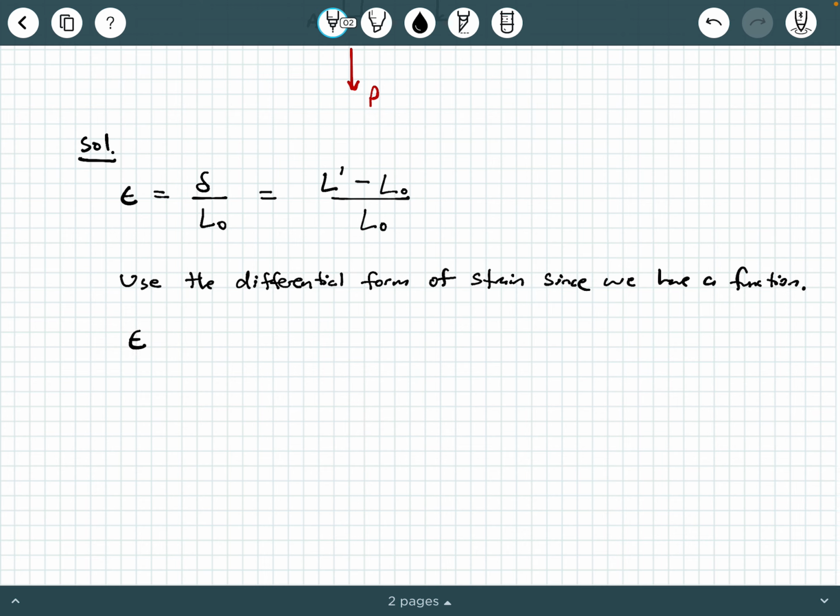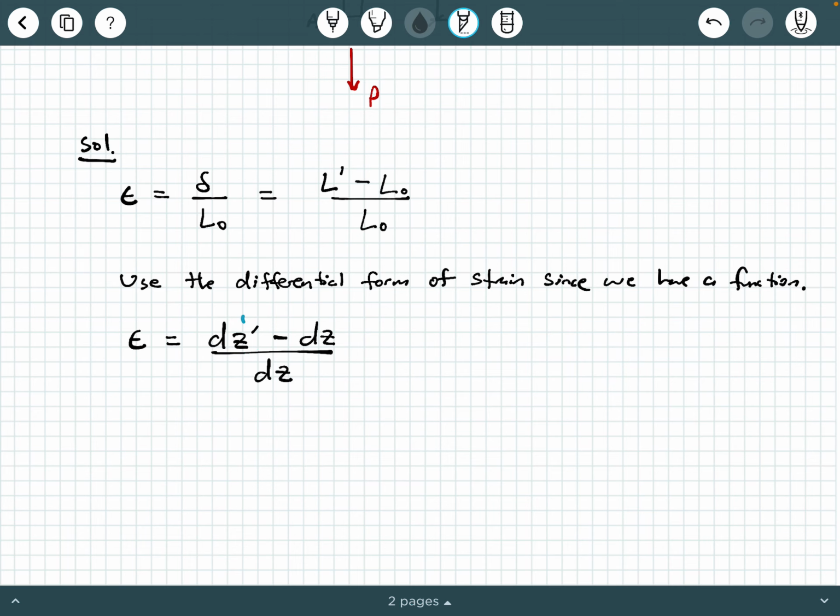Well, we would say epsilon equals, and using the variables we have here, dz prime minus dz divided by dz. Again, I'm using z here because we have z as our independent variable that represents length. And if I do some rearranging here, I can solve for dz prime.